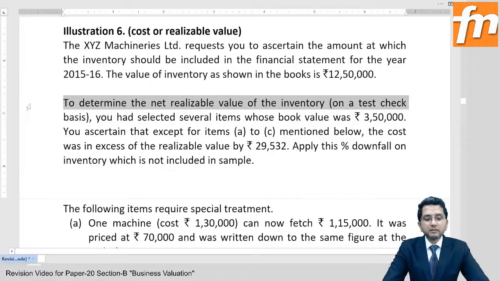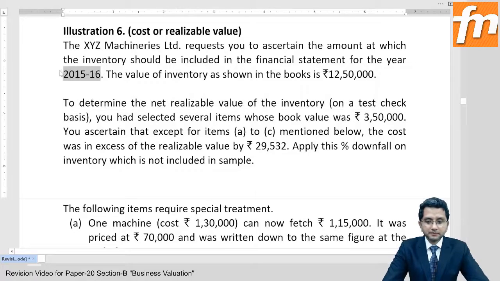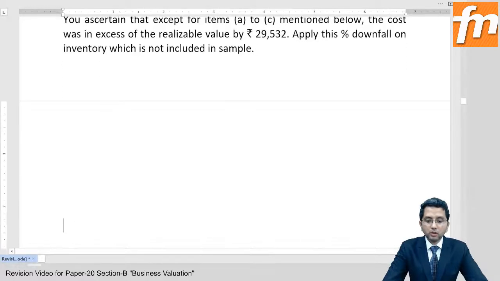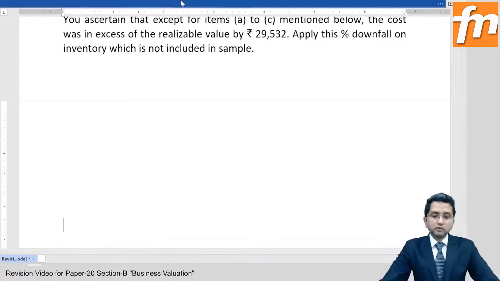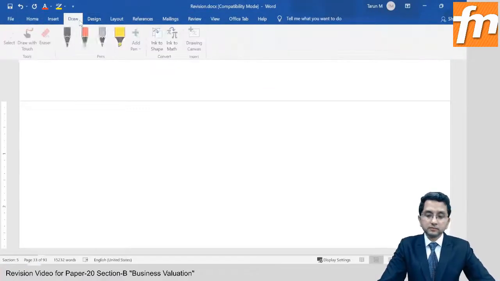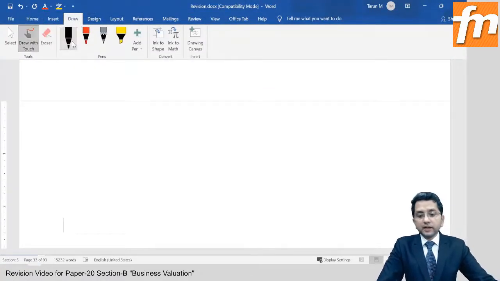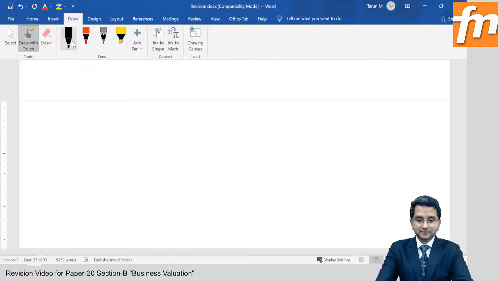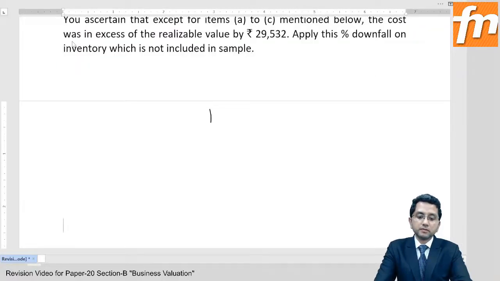To determine the net realizable value of the inventory as at 31st of March 2016, on a test check basis, you had selected several items whose book value was rupees 3,50,000. Now this is fantastic that you are making a test checking, and in this test checking what you are doing is, I'll tell you, that book value of your inventory is 12,50,000.